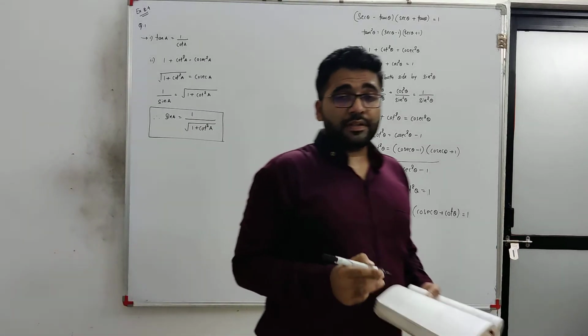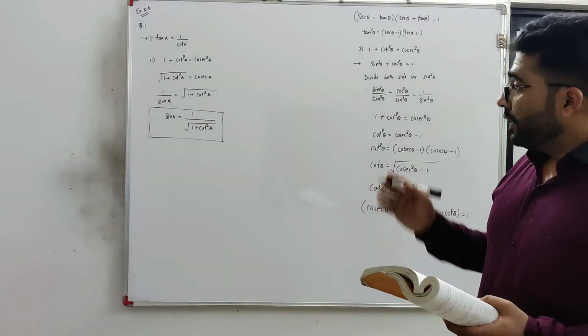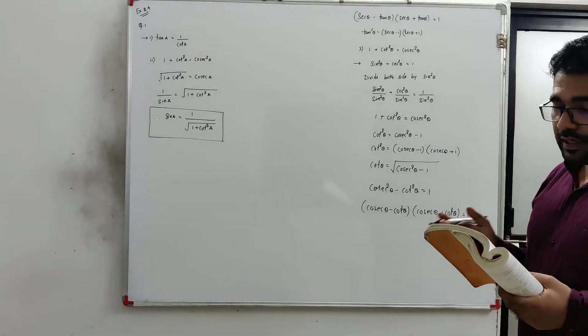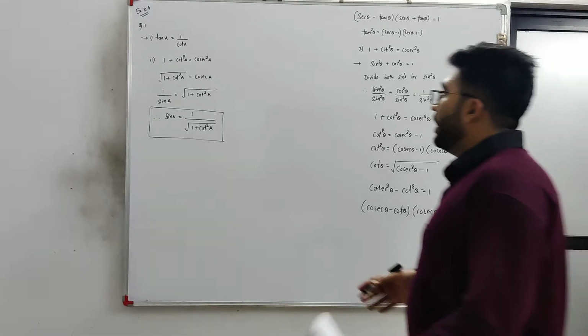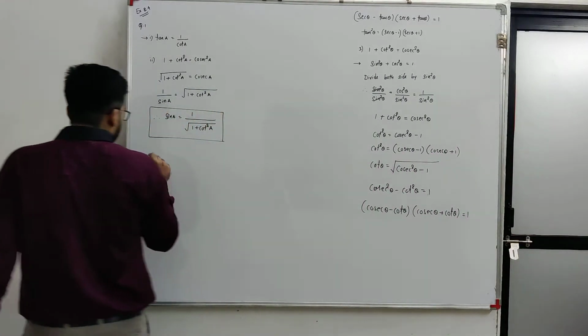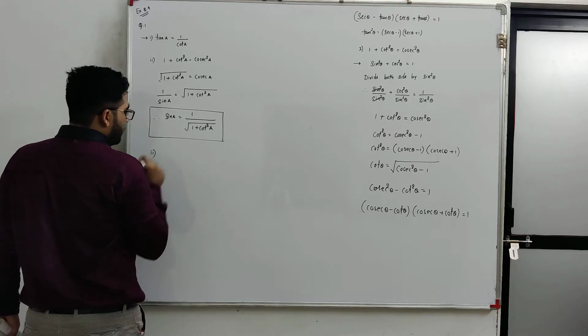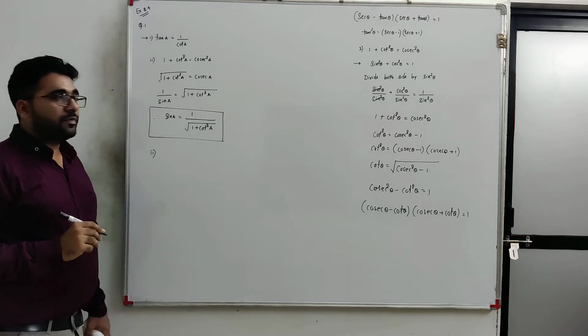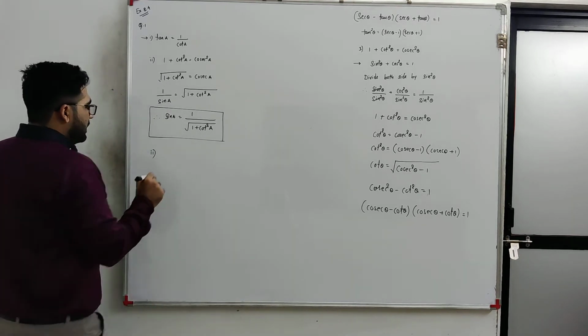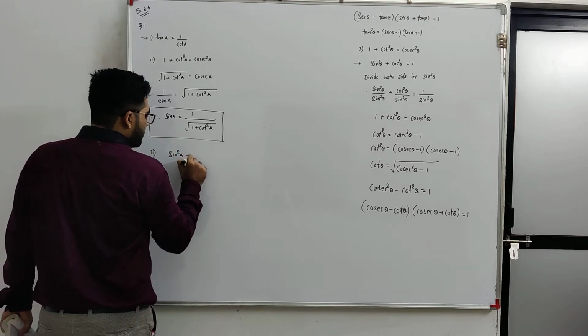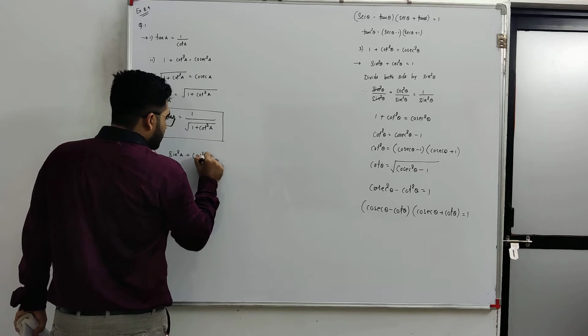So here I have converted sin A in terms of cot A. Now it says convert cos A in terms of cot A. Here there is one relation, sin square A plus cos square A is equal to 1.